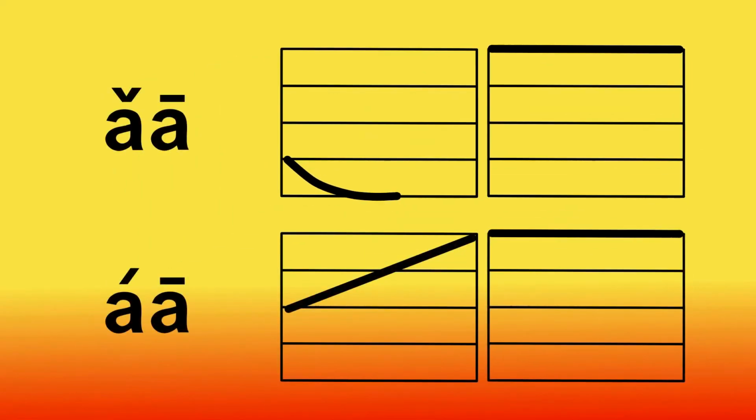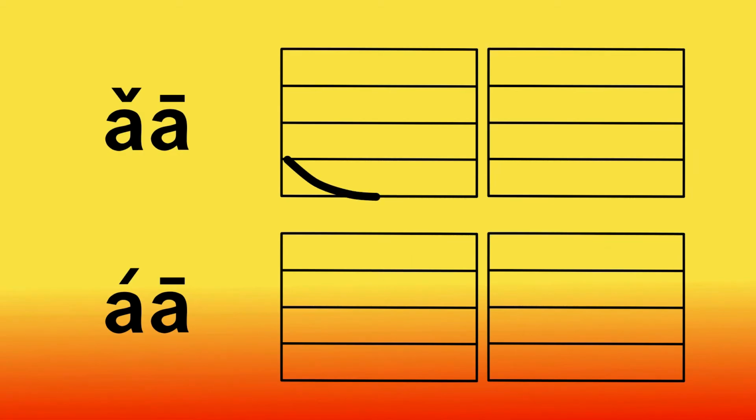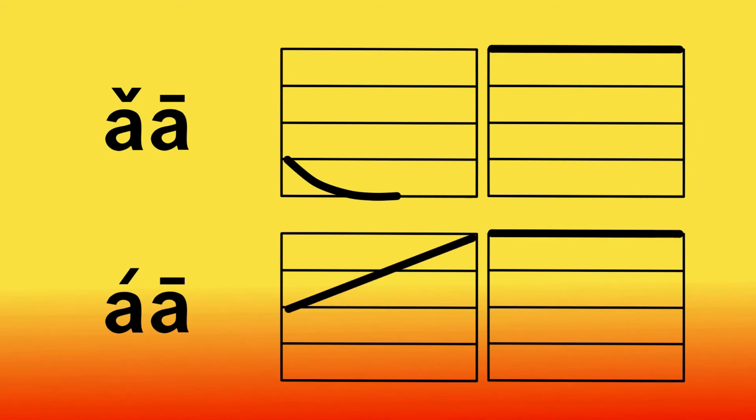Note that the 3-1 and 2-1 combinations sound similar, except that with the 3-1 combo that we just learned, the first syllable stays low. Listen to the difference.